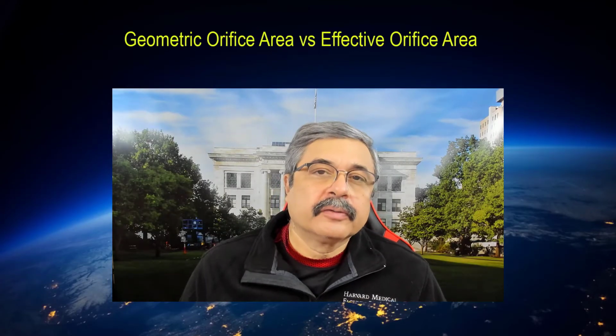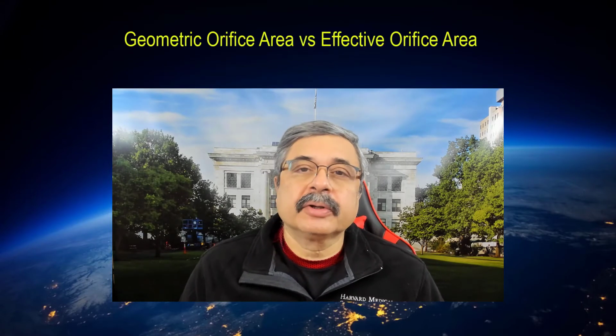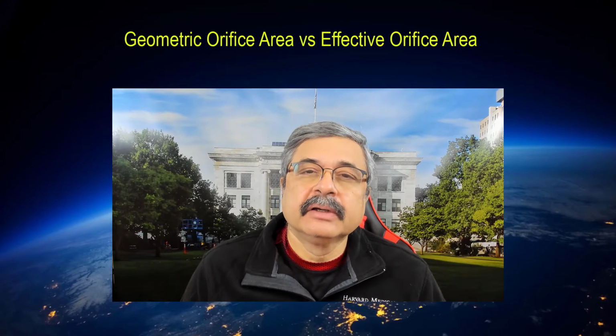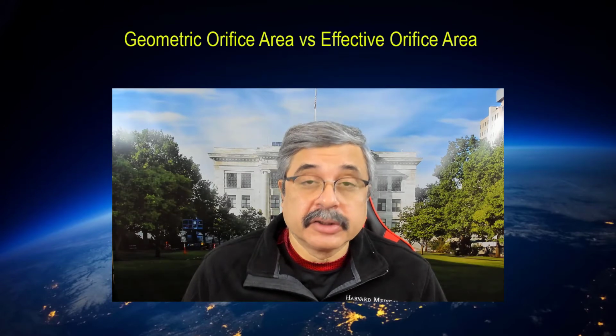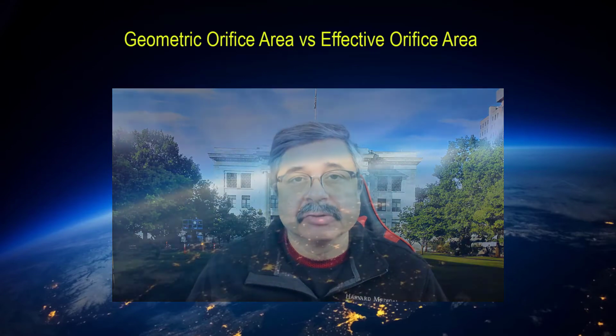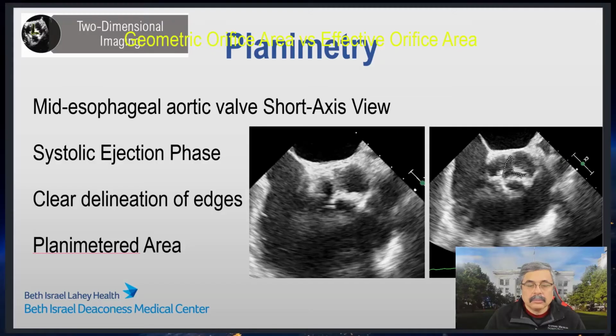Let us first go over what is the geometric or the anatomical orifice area of the aortic valve and see what are the principles of its accurate determination and what are its limitations. Planimetry of the aortic valve in the mid-esophageal aortic short axis view provides the anatomical orifice area.